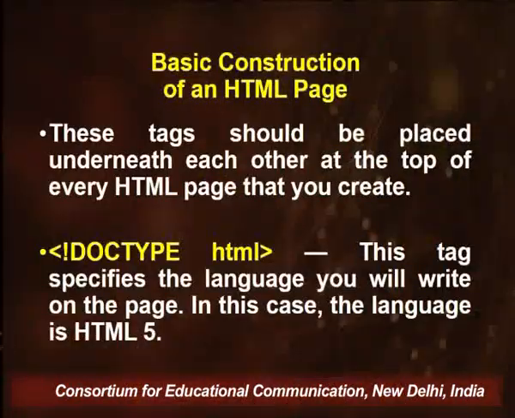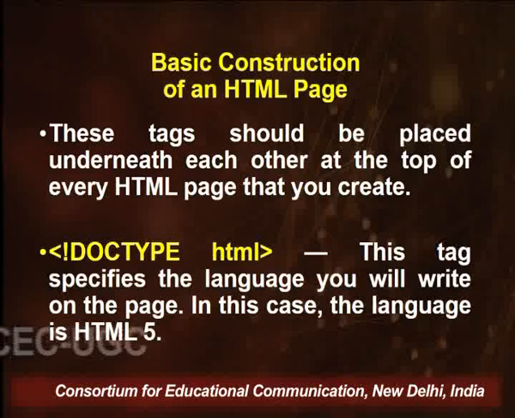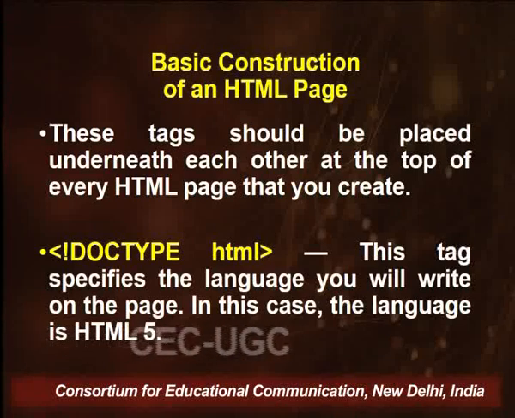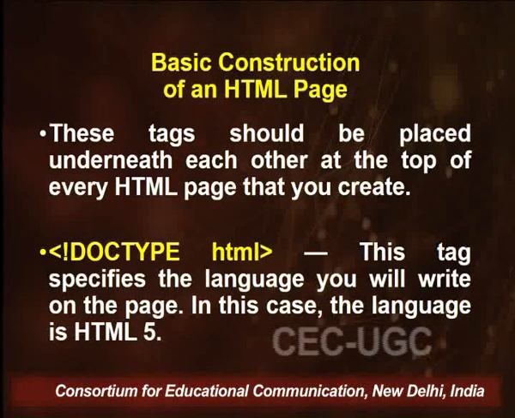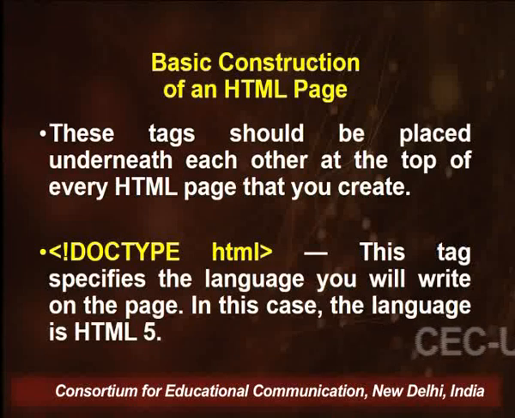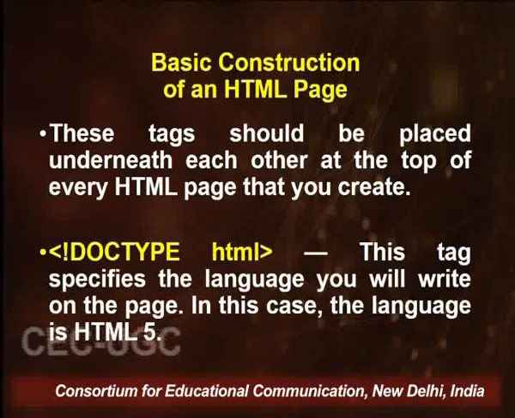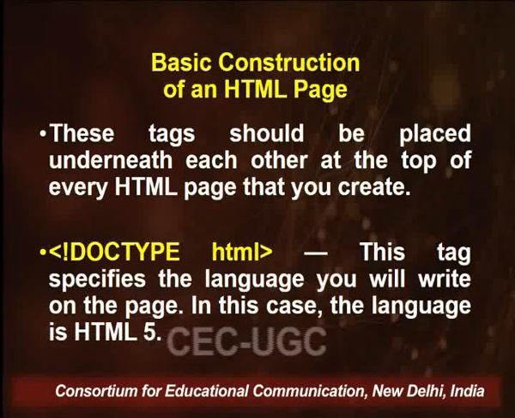So an HTML page is going to take different tags. The first tag which we are going to use is doctype. Like all other tags, it is written inside the angle brackets, and we will be saying exclamation doctype html.